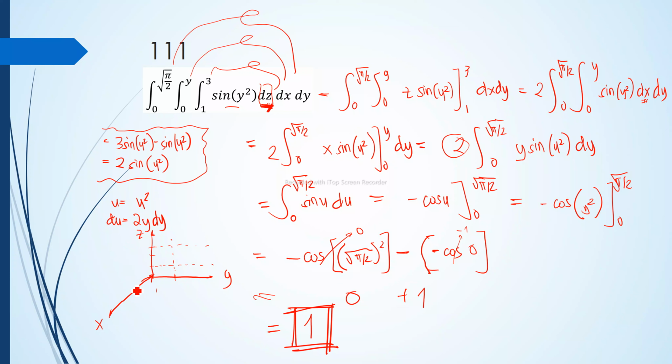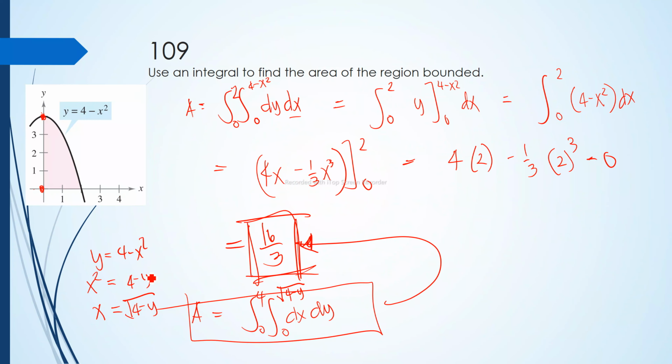So here we have a line. Since x is greater than or equal to 0 but less than or equal to y, therefore we have x equal to y. So we have a line, and that forms a volume here. In the previous example, we had an area that is bounded by the inside and the outside limits.